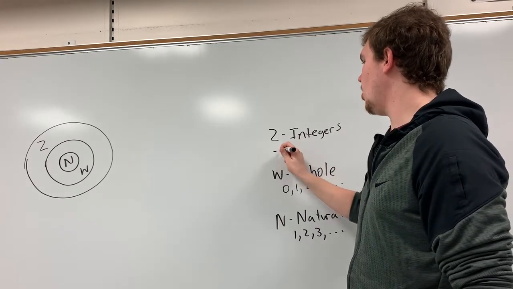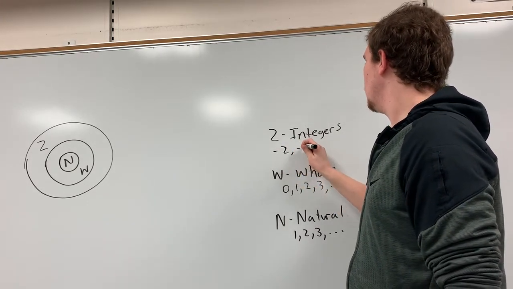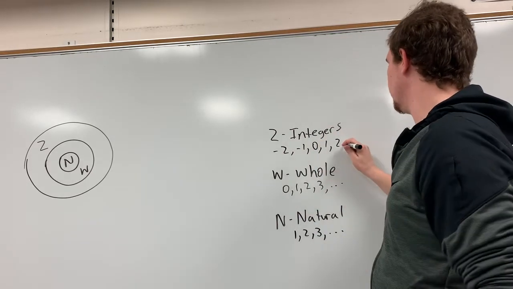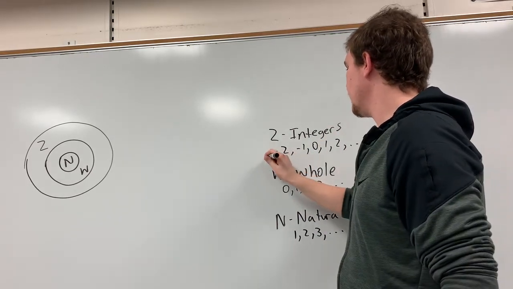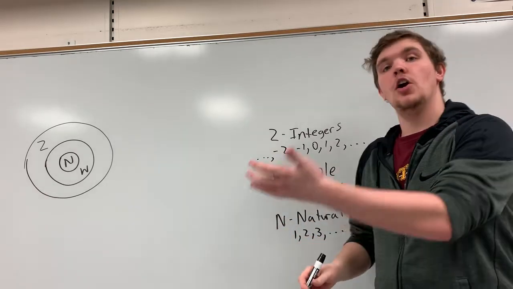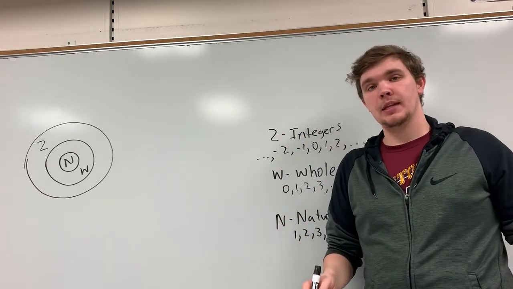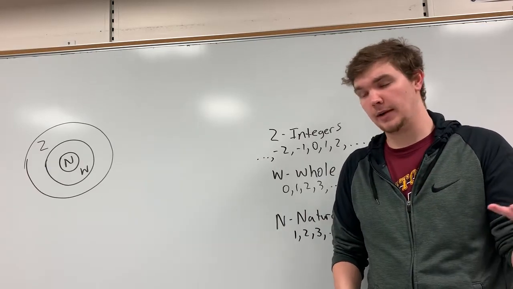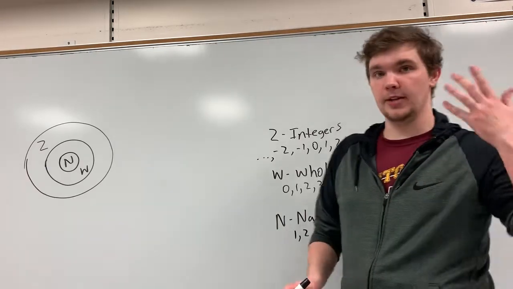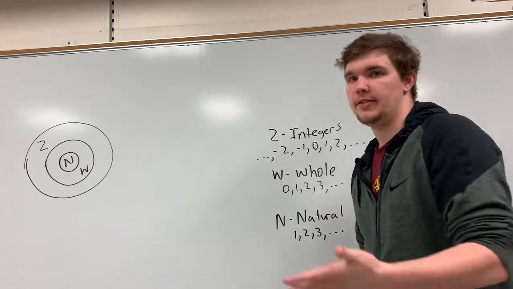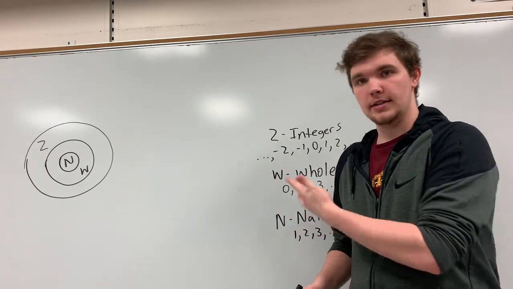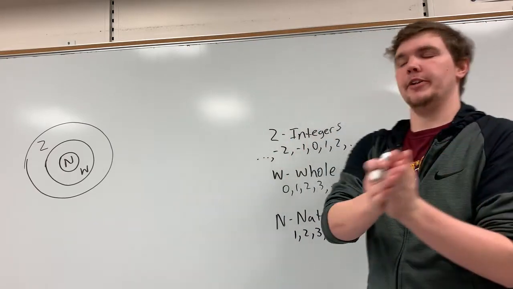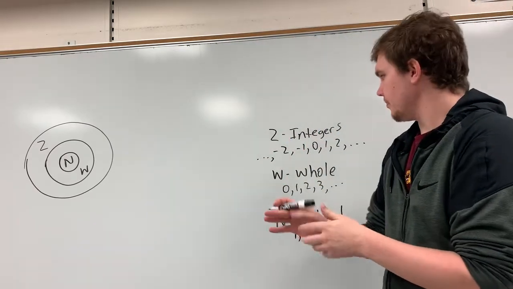Integers include all the negative and all the positive whole numbers, right? So this goes from negative infinity all the way to positive infinity, but still it doesn't have any fractions or decimals. So negative 10, negative 5, negative 1, 0, 1, 7, all the way up to infinity. From negative infinity to positive infinity, it's the set of integers.